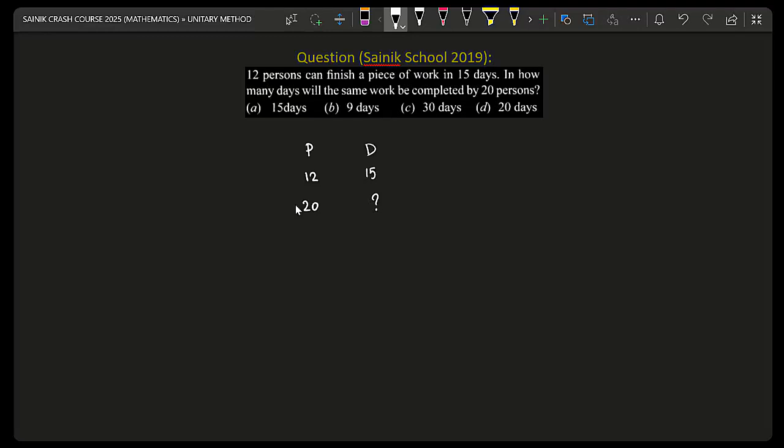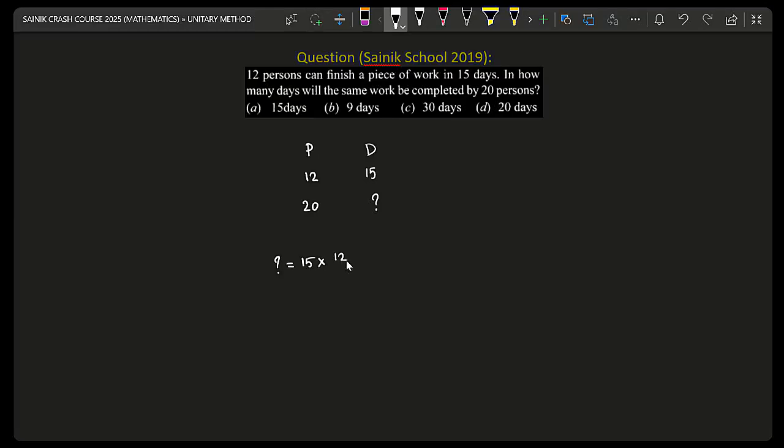You are going to find for first 1 day. Sir, the question mark related number is 15. Okay. And then use your common sense. If 12 persons are doing the work, then the work is completed in 15 days. And if 20 persons are doing the work, is it completed in less days or more days? Less days. So you want the answer less, so you write less by more.